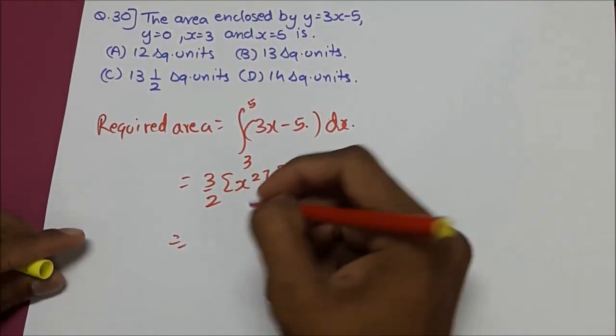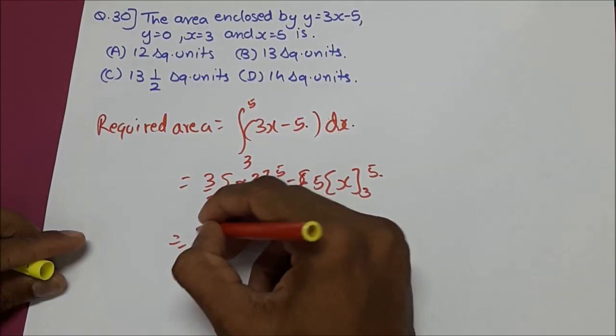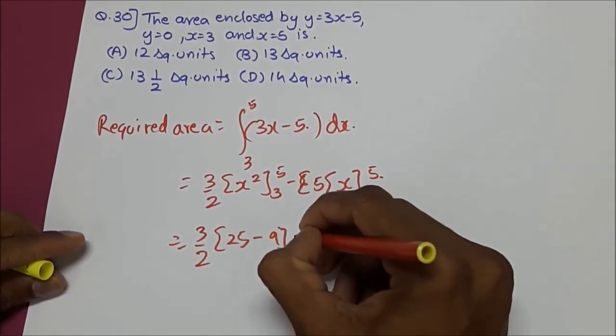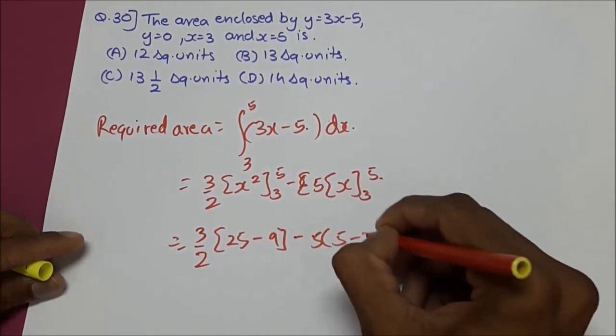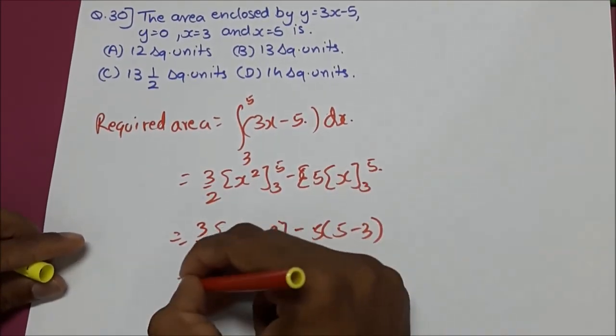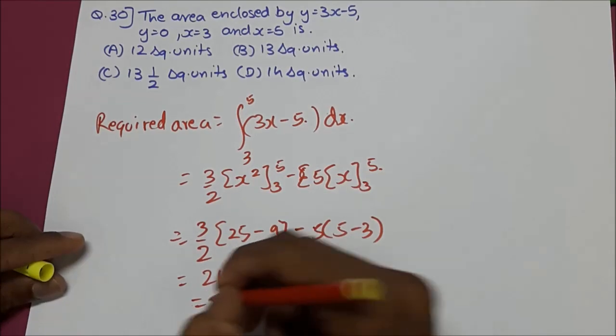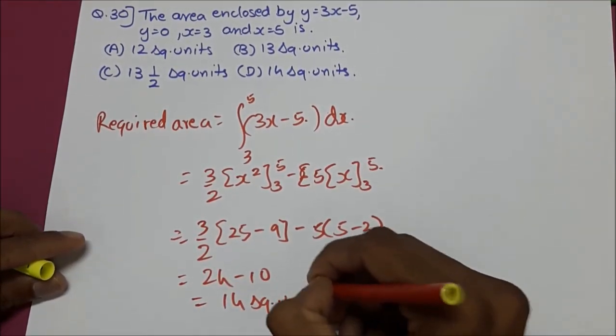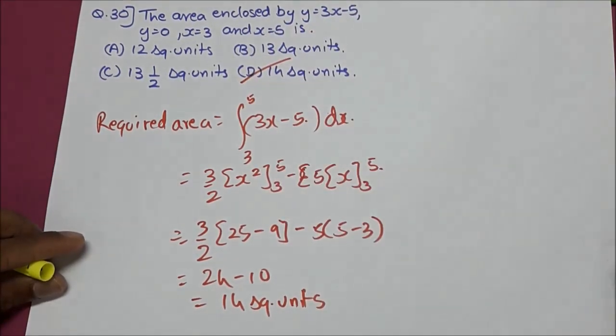We substitute the limits in x, we get 3 by 2 times 25 minus 9 minus 5 times 5 minus 3. We solve this, we get 24 minus 10, which is 14 square units, which is option D. Option D is the correct answer.